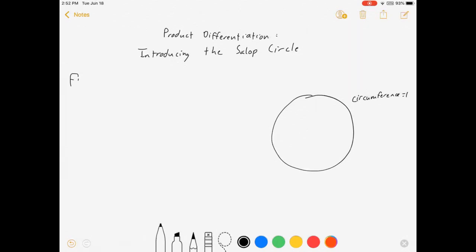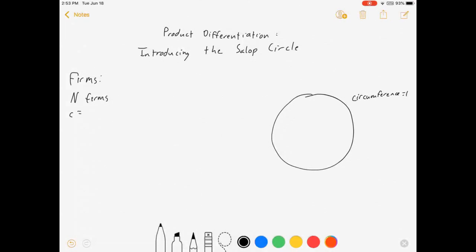Let's introduce our firms. I'm going to say that there are N of them. And each firm has a cost function. The cost at an individual firm is equal to F plus MQ.